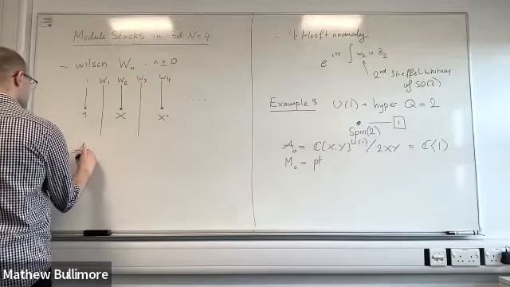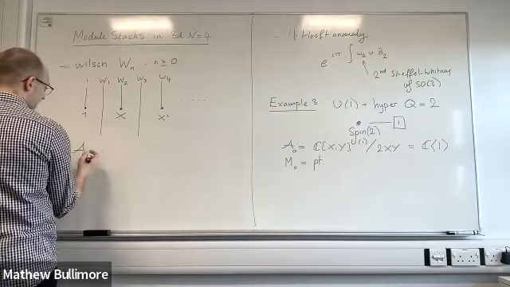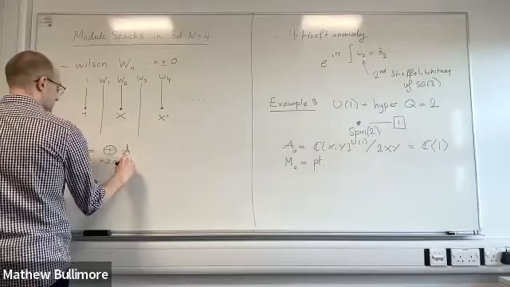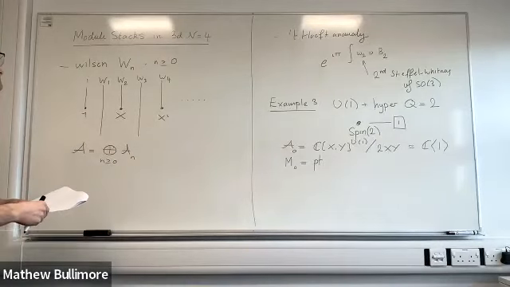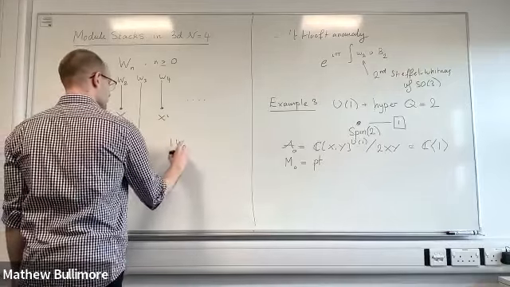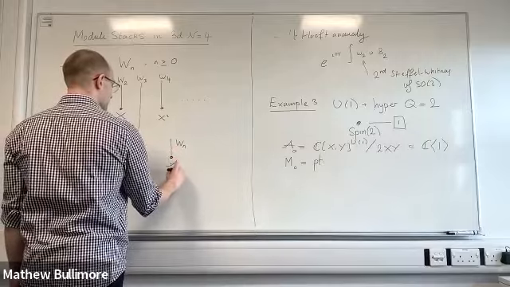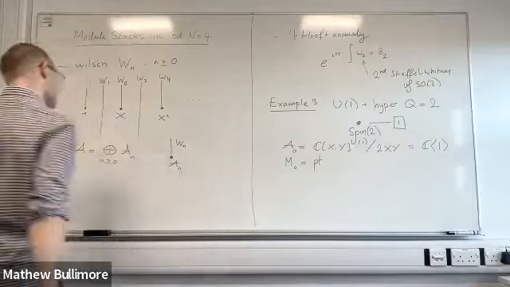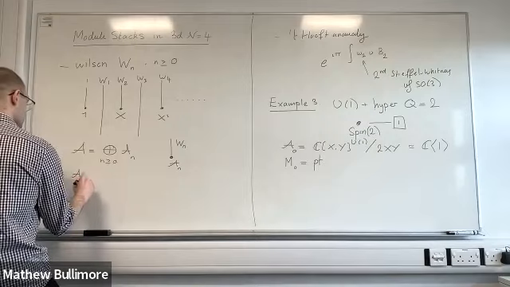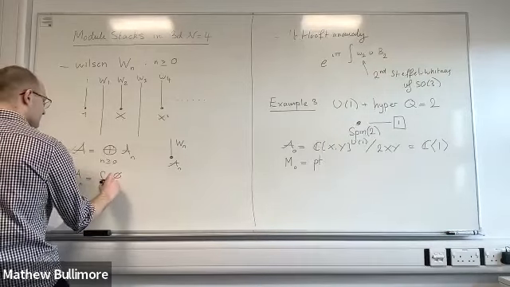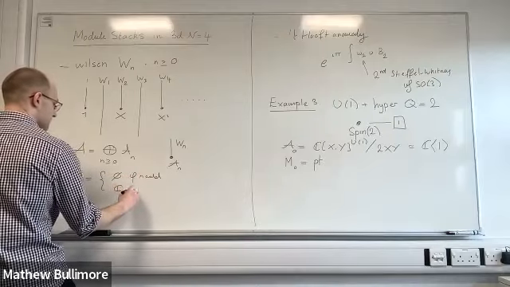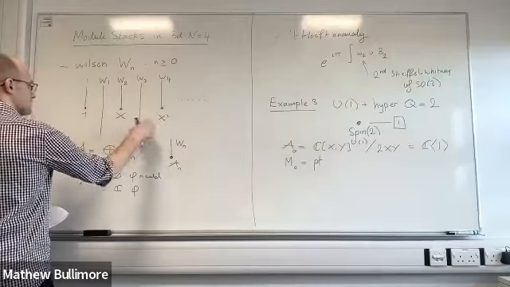In particular, to connect to the notation before, we're going to have an algebra of line defects, which is a sum of contributions from each of the Wilson lines. So the picture is that if I have a Wilson line of charge n, the stuff that it can end on gives you the component an. And we know what each of these is. It's empty if n is odd, and it's basically C, a single operator, if n is even.